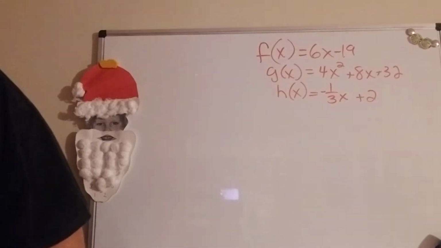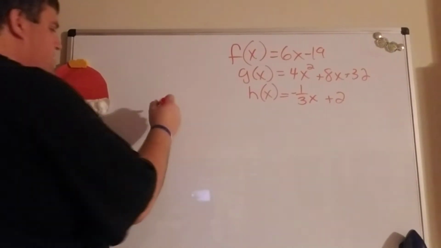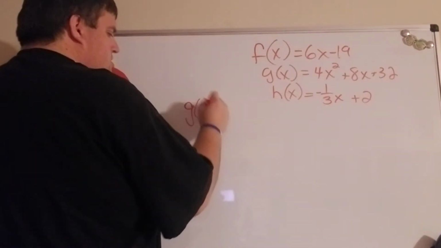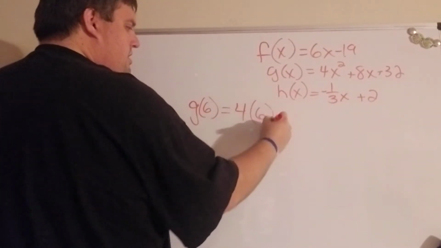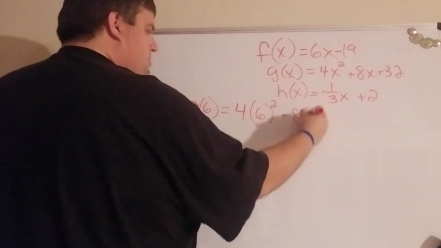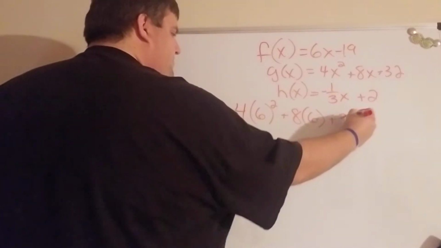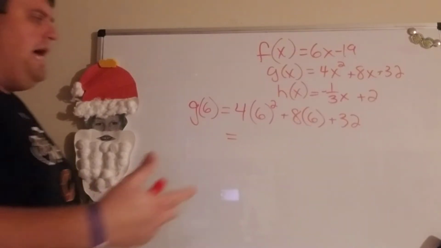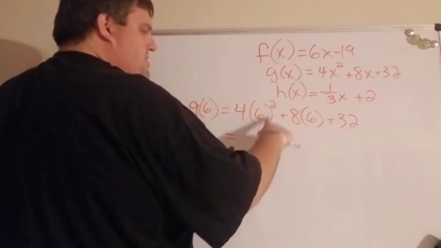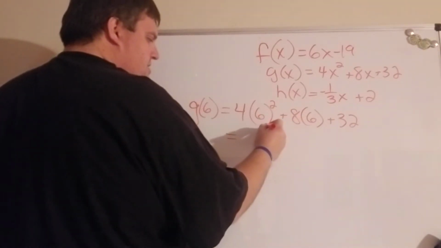So the first thing they want is, what is g of 6? So we're going to take 6, we're going to plug it in for x. So it's going to go here. It's going to go here. Now, a couple people asked me in class, order of operations, make sure you do your exponents first. So 6 times 6 is 36.